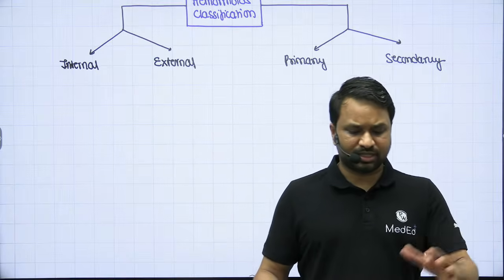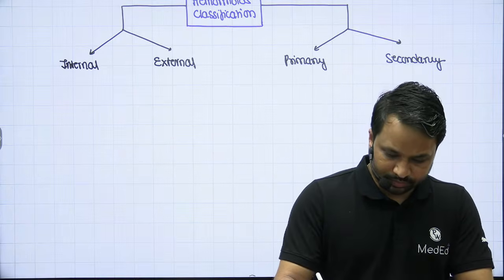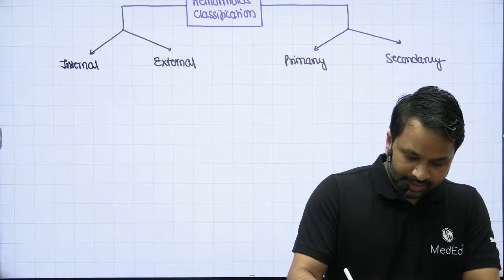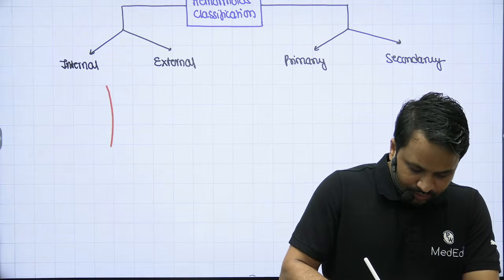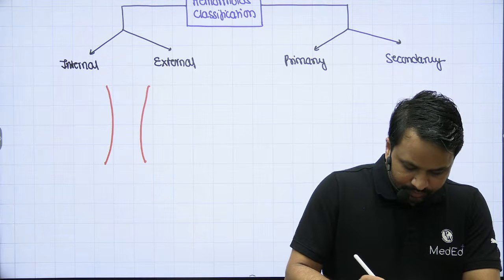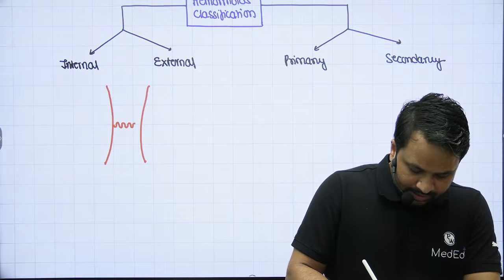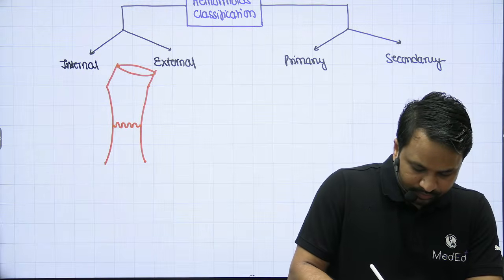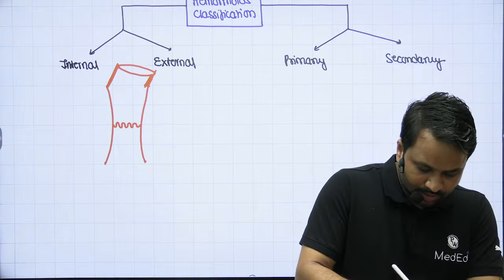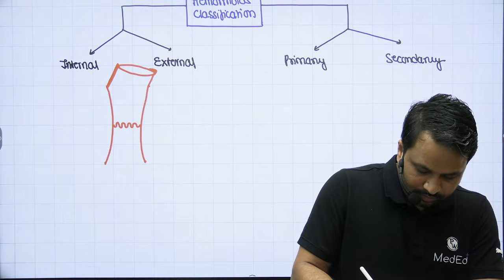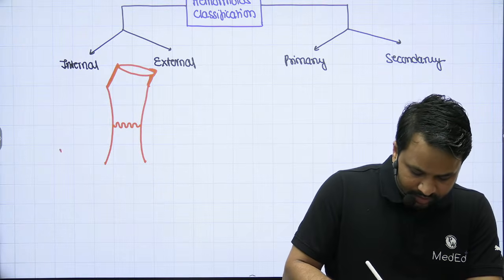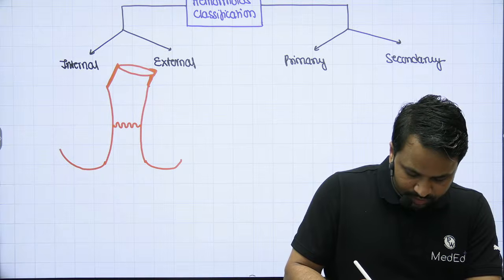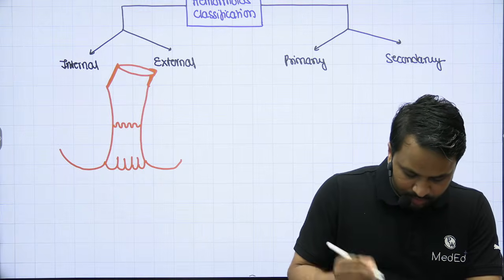So what are internal and external hemorrhoids? It's quite simple. You take this as the representation of the anal canal, and this is your dentate line, and let's say this is the rectum, which is above this. It continues into the anal canal, and this is your anal verge, and this is your anal mucosa.